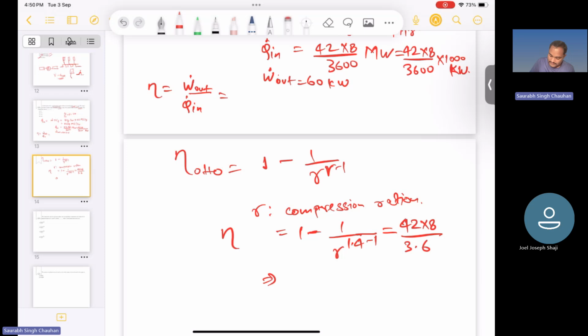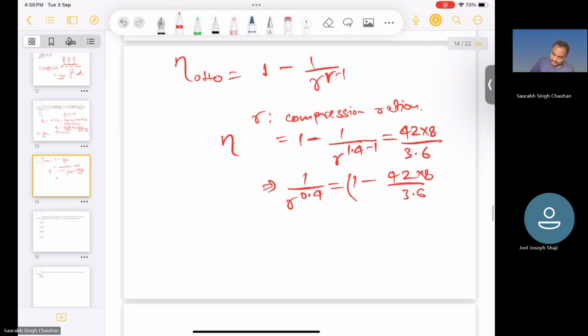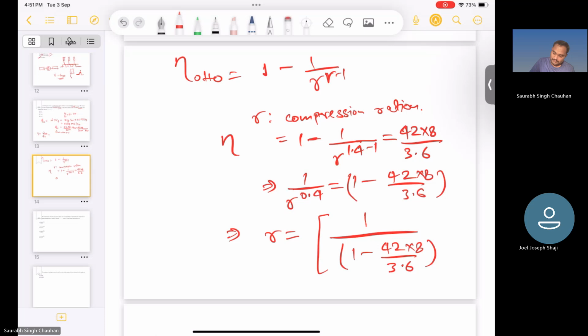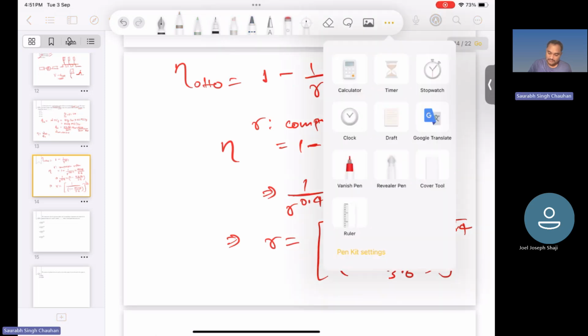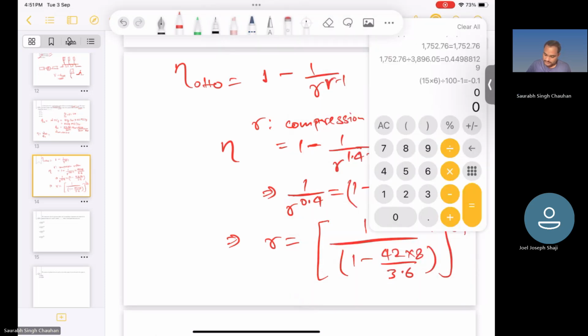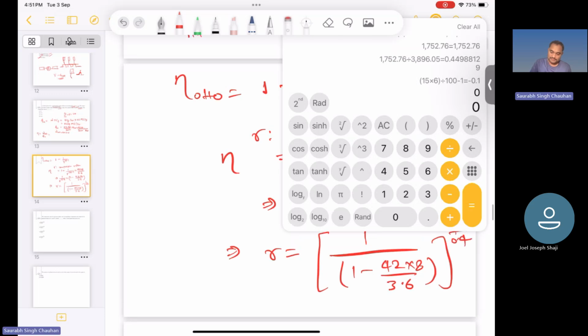So 1 by r to the power 0.4 is equal to 1 minus this thing. So r will be equal to 1 over that. You can just find this value. Maybe I don't know if this calculator will support it or not. Maybe I will use another calculator.